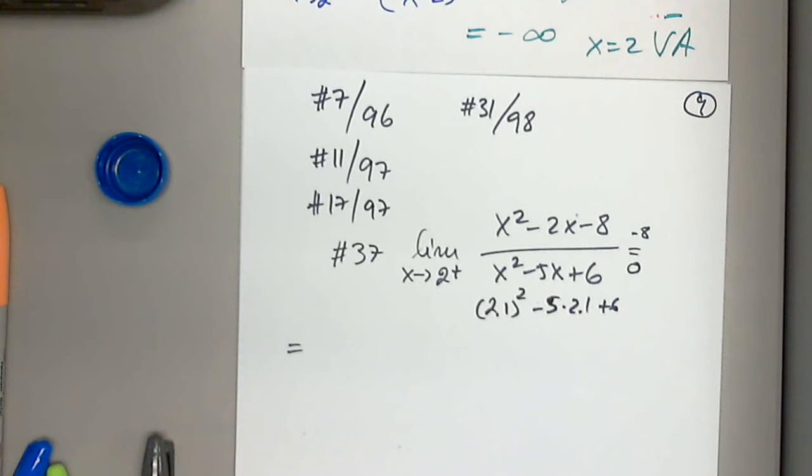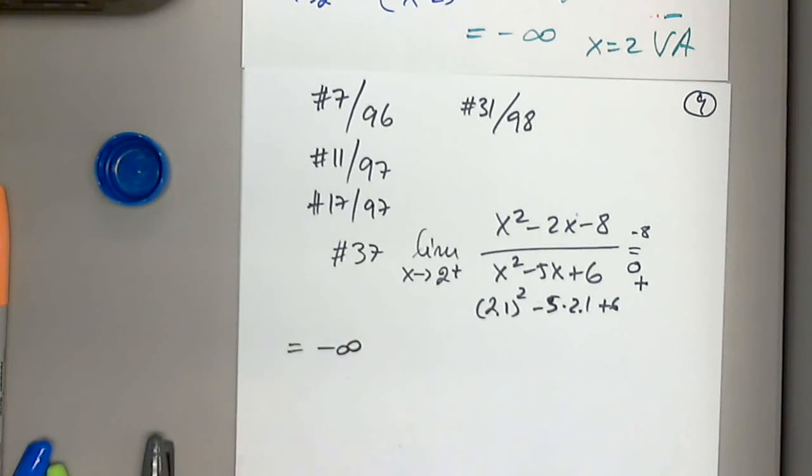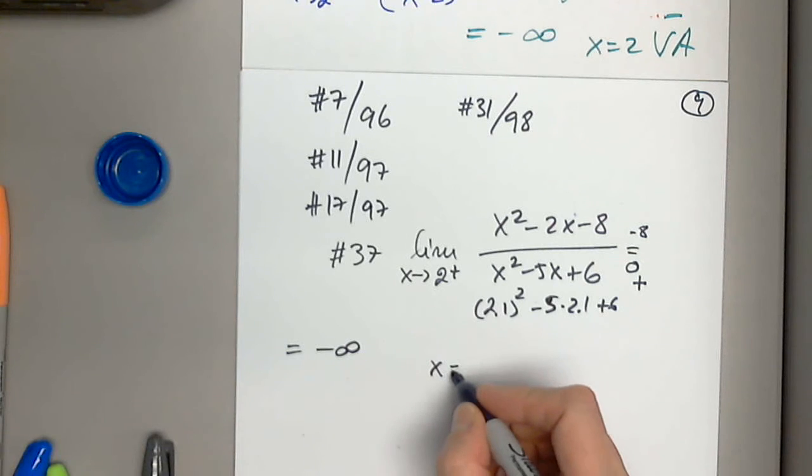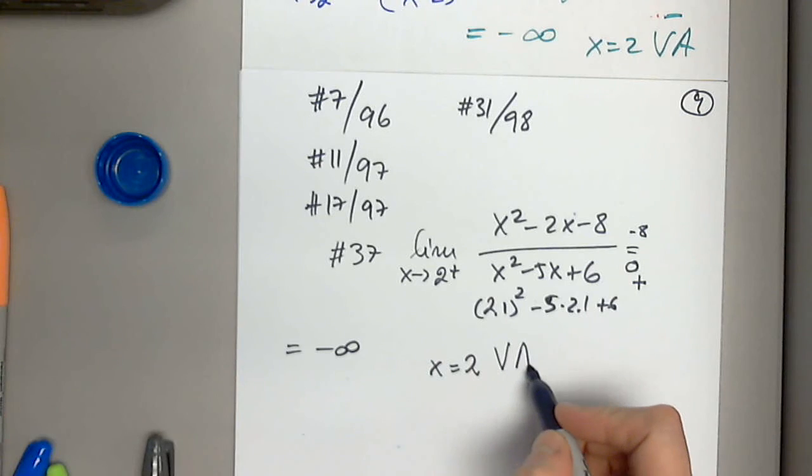So this is negative 10.5. Will this be more than negative 10.5 or less? If it's more, the answer is positive at the bottom. If it's less, then the answer is negative at the bottom. So what did we get? Positive. So then I know the answer: negative infinity, which makes x equals 2 a vertical asymptote of this function.